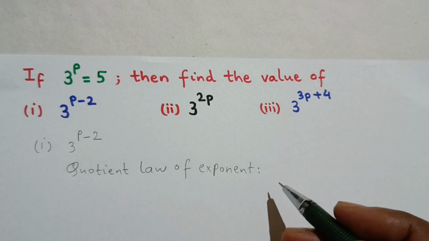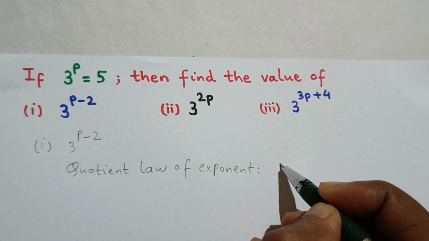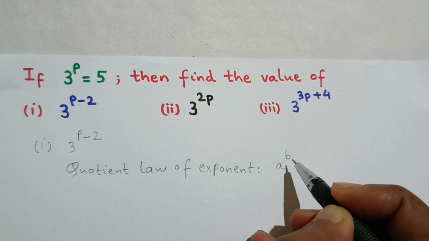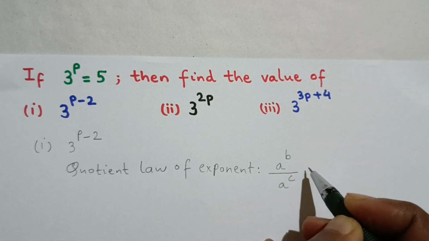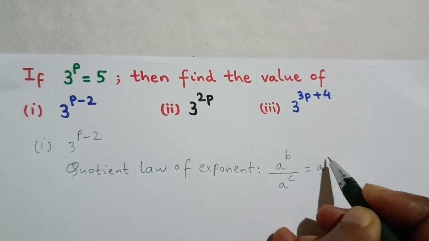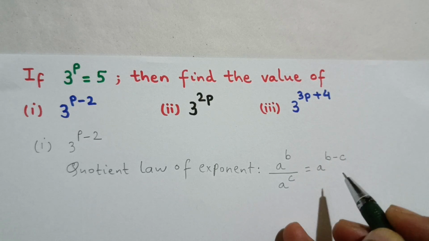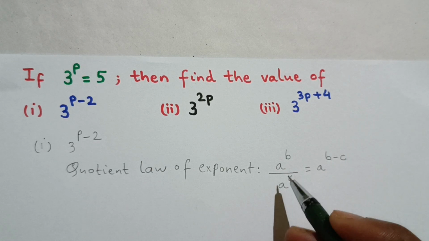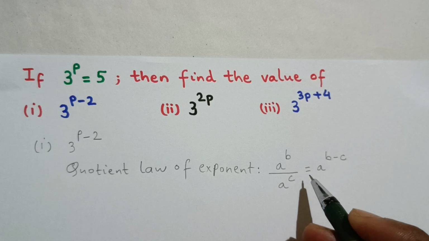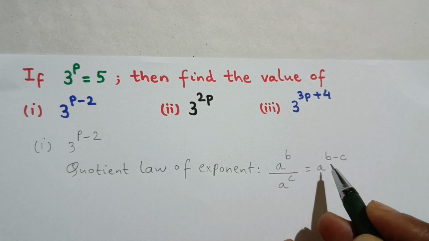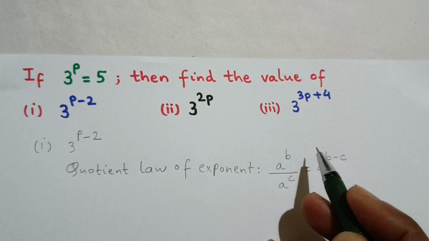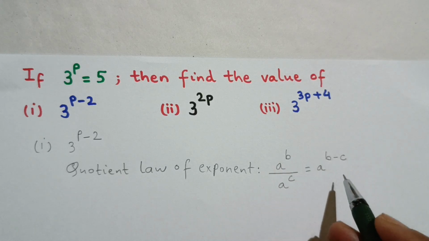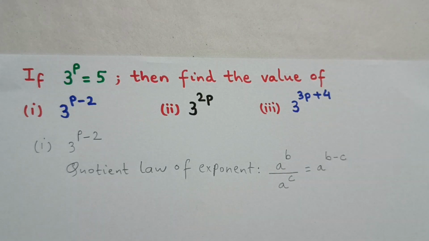The quotient law of exponent was a to the power b divided by a to the power c is equal to a to the power b minus c. This is the quotient law of exponent that we have studied in the exponents chapter.